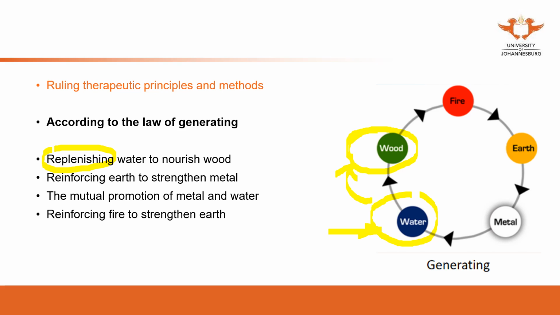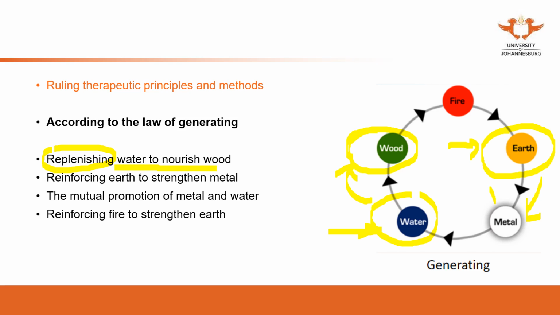Reinforcing the earth to strengthen the metal. If you focus on the treatment of the earth, it can assist the metal. So in this situation, we tonify the spleen to assist the lung problem.